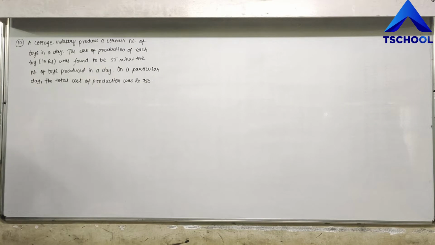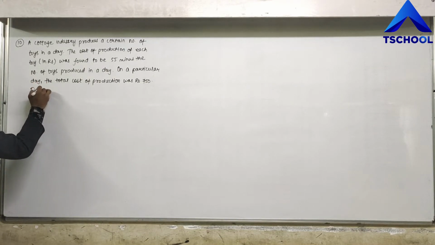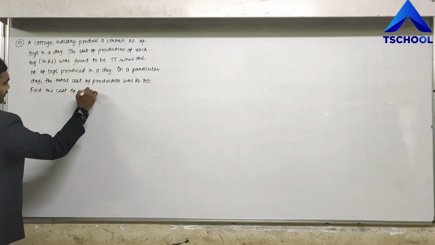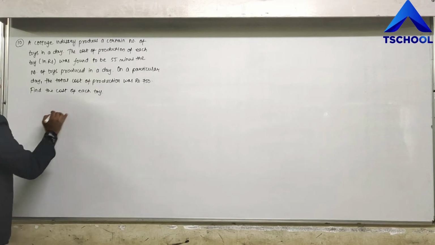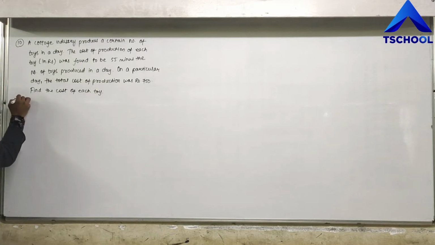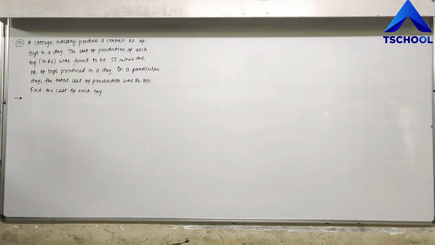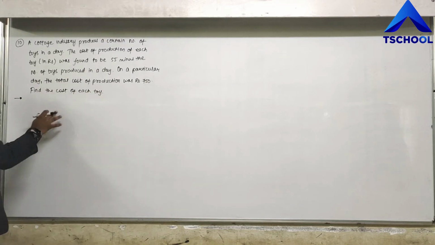Find the cost of each toy. So what the question says is, a cottage industry produces a certain number of toys in a day. The cost of production of each toy was found to be 55 minus the number of toys produced in a day. On a particular day, the total cost of production was rupees 750. Then find the cost of each toy.